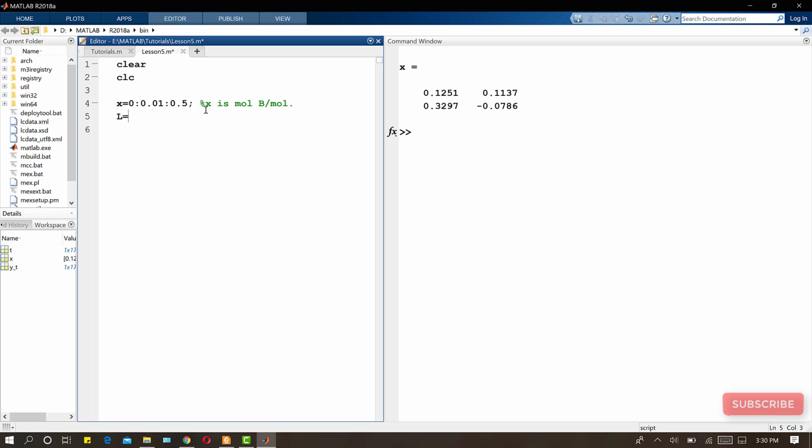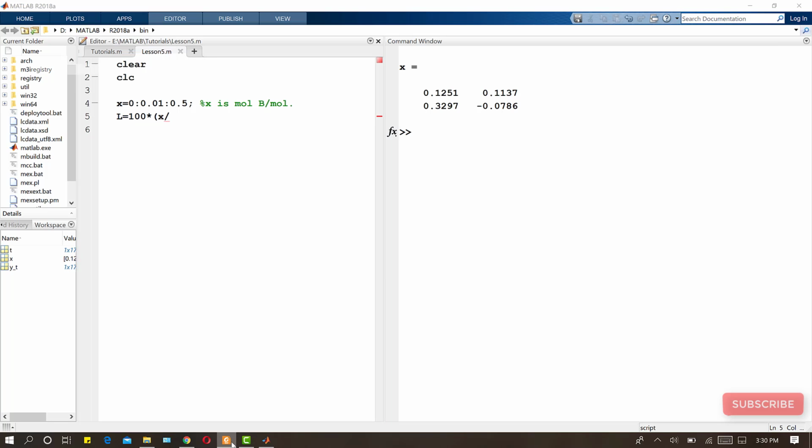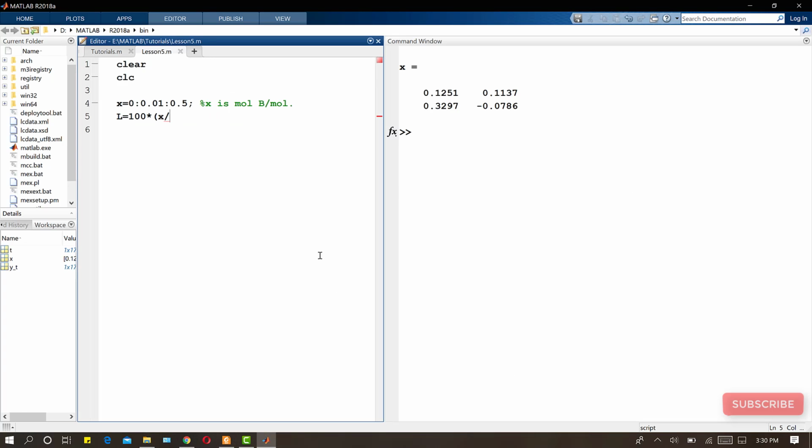So I will write L is equal to 100 multiplied by X divided by 0.6.